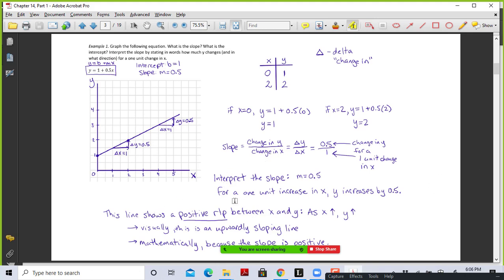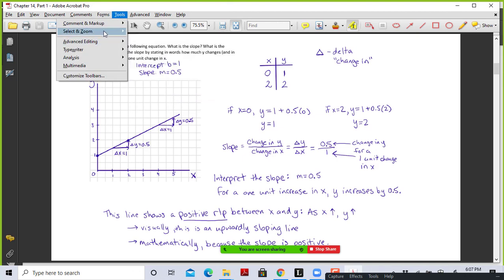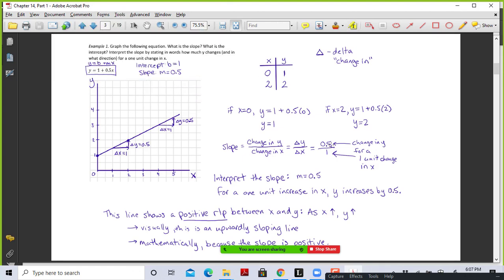So what if the slope is positive? If the slope is positive, then there is a positive relationship between x and y. So let's look at this example. Here the slope is 0.5, right? So let me use the snapshot tool. Okay, let's put this equation.